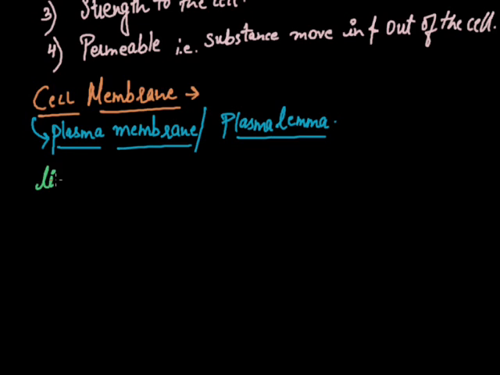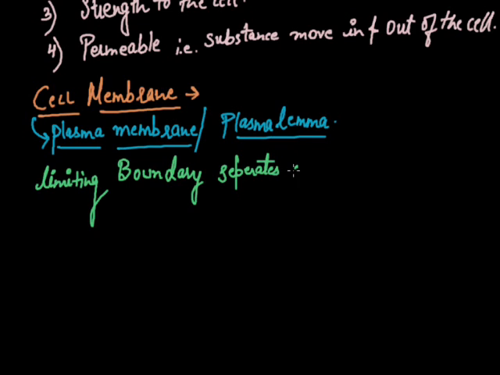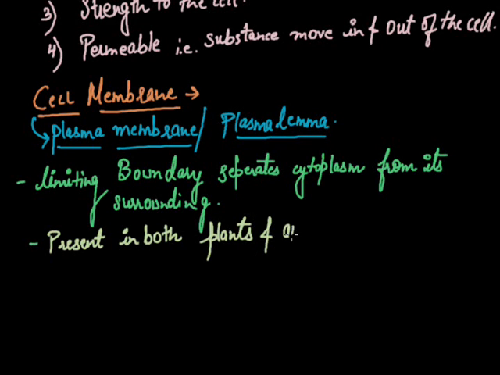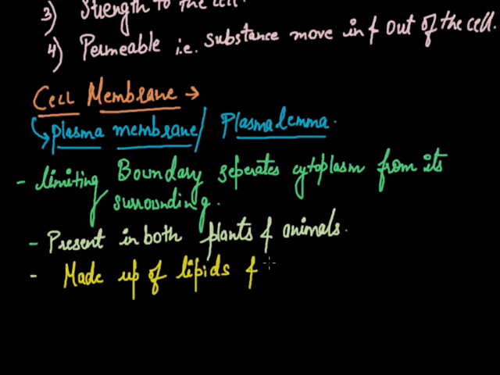Plasma membrane is a limiting boundary which separates cytoplasm from its surrounding. It is present in both plants and animals. If we study its composition, it is made up of lipids, that is fat moiety, and protein.